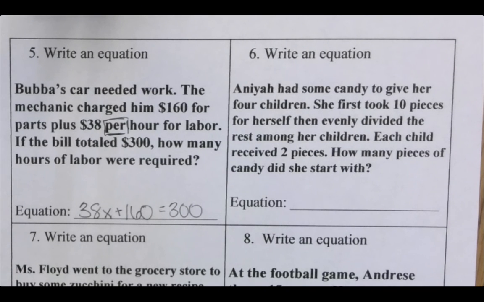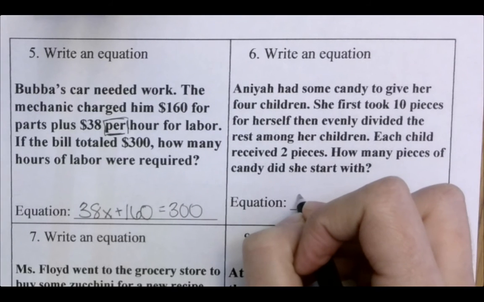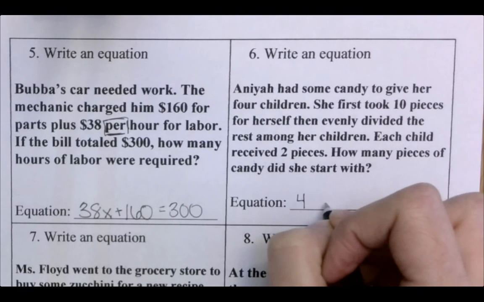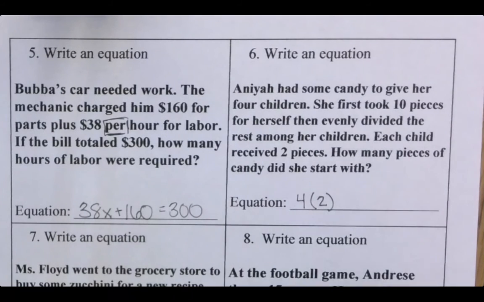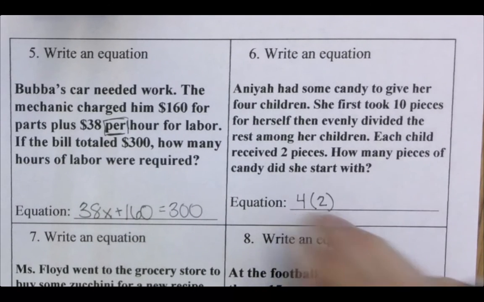So this is one that y'all have seen before that we struggled a lot with. You can solve it, again, but that's not what they want. So we can kind of do this a few ways. The first way is we can say, well, she has 4 children. They are each given 2 pieces of candy, right? So this means multiply those 2.